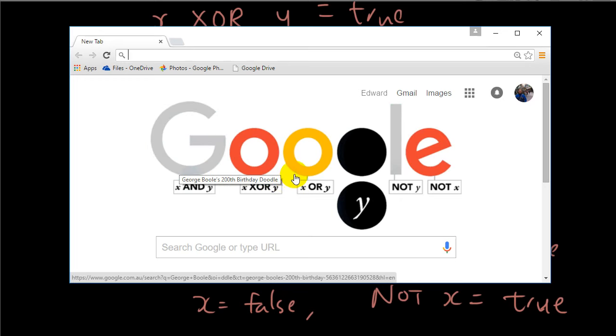So you should be able to use my video to figure out the rest of the animation, but I'm just going to do another one. So x or y, this yellow letter, should only light up if there is at least one letter showing in either of these circles, right? Because x or y means that either x is true or y is true, or they're both true.